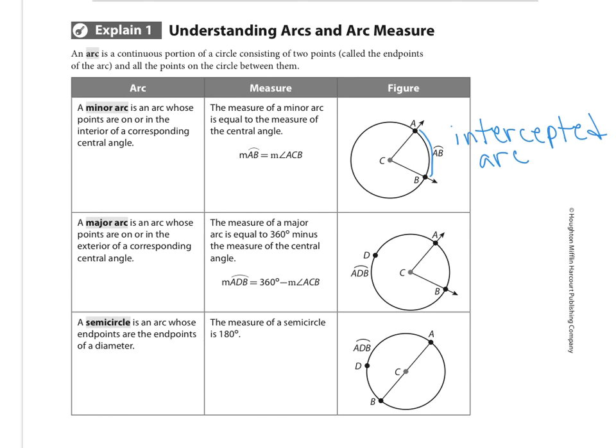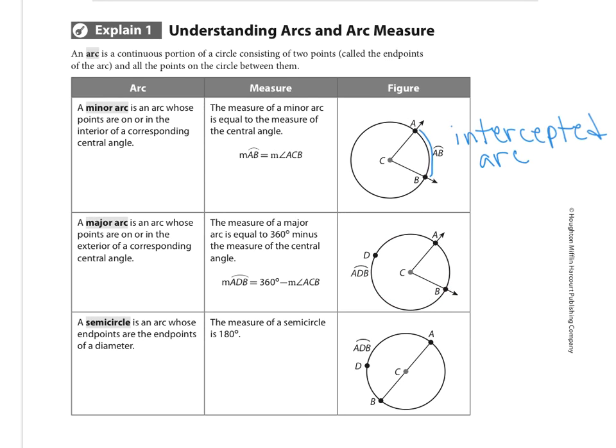A minor arc's measure is the same as whatever the central angle is. However, the rest of the circle, because remember the whole circle is 360 degrees here. So if, for instance, on the major arc here, we're trying to find the measure of arc ADB. Notice there are 3 letters that describe the major arc, one more letter than minor, makes sense.